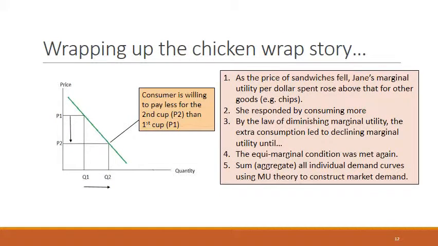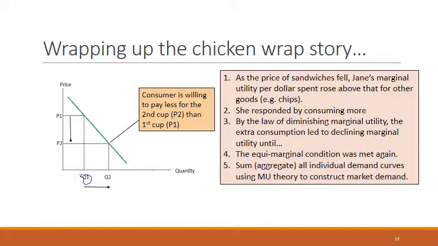The final slide wraps up now. What have we learnt in this presentation? Well, we learnt that according to typical demand theory, there's an inverse relationship between price and quantity demanded. Looking at the graph here, for example, what's the maximum now that Jane is prepared to pay for Q1?